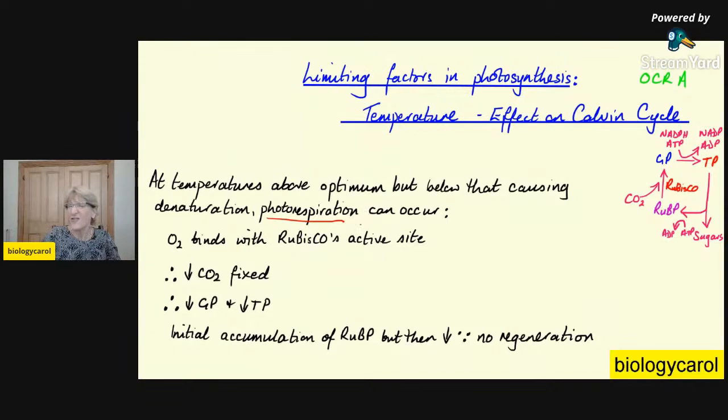So frankly, it seems to be a bit useless, and therefore, not surprisingly, it reduces the rate of photosynthesis because it's stopping carbon dioxide being combined with ribulose bisphosphate to continue the Calvin cycle.